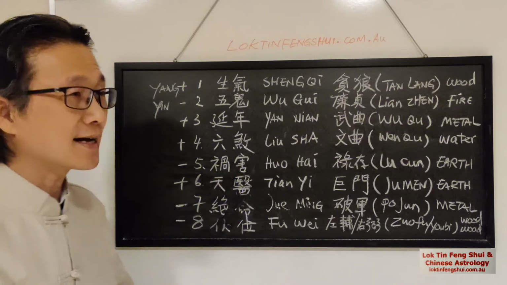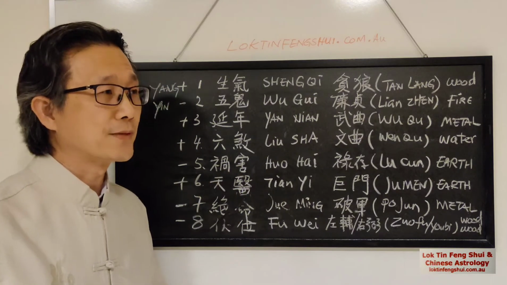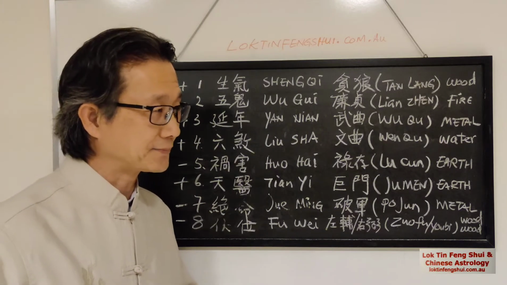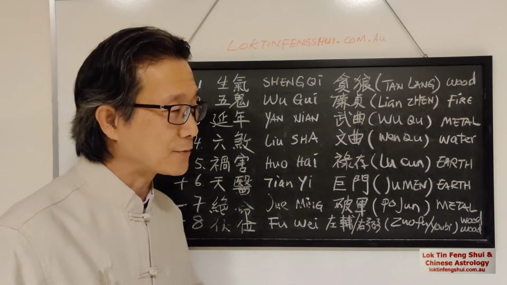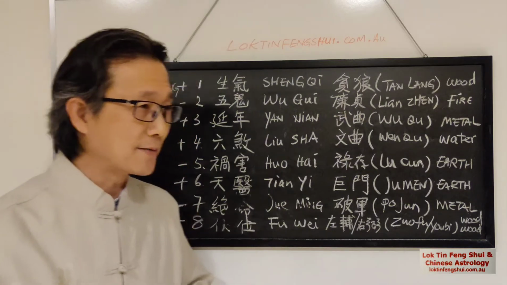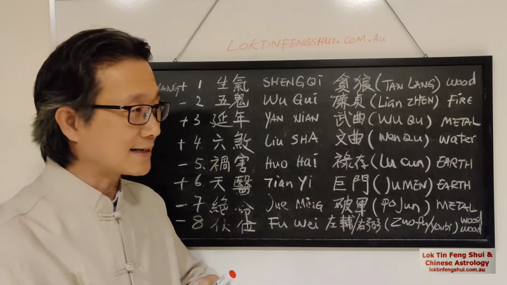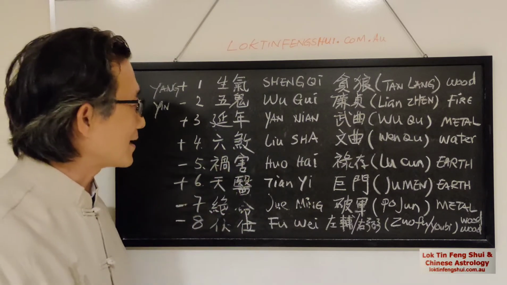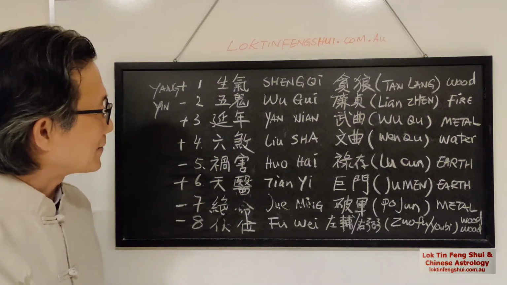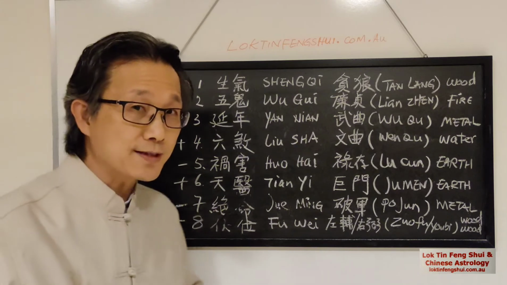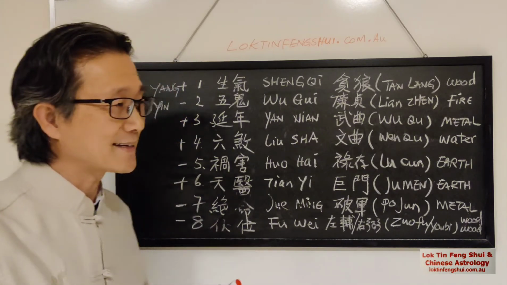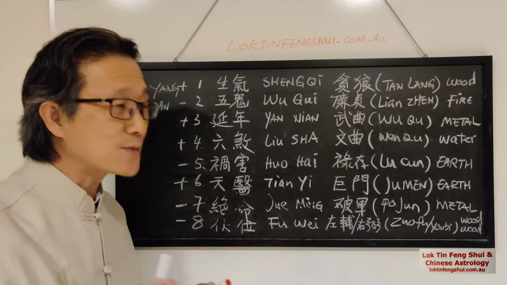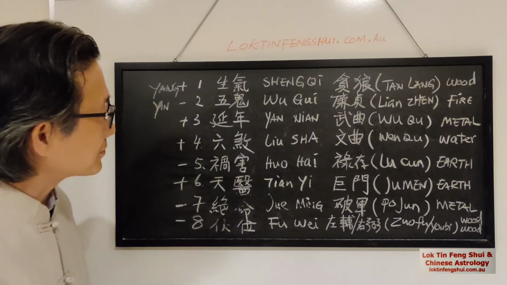However, the Liu Sa is more for peach blossom, or generally meeting a lot of people, particularly people of the opposite gender. And also the Liu Sa star, if you use it correctly, can generate more opportunities to meet people as well.